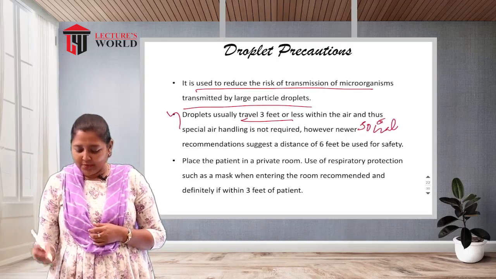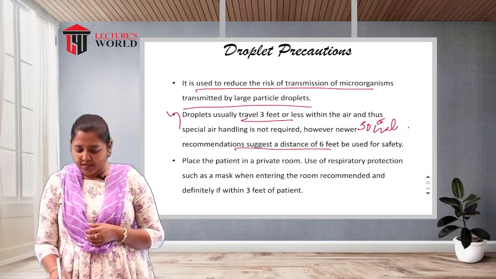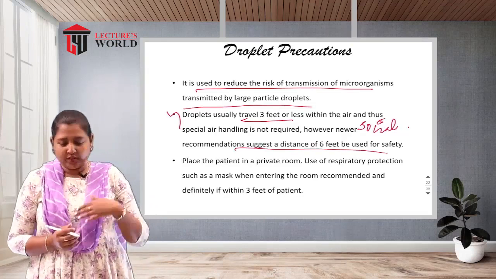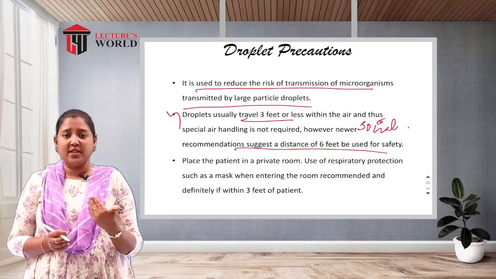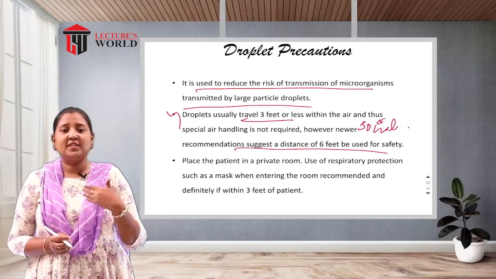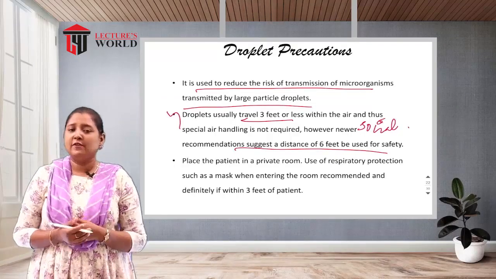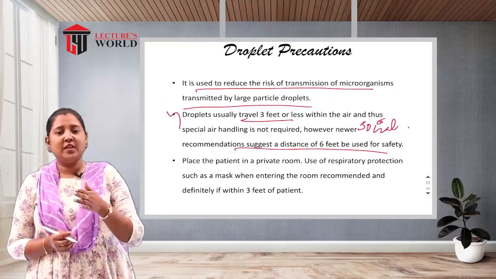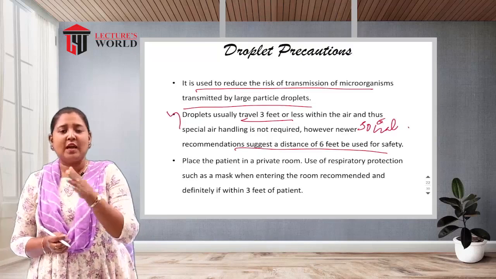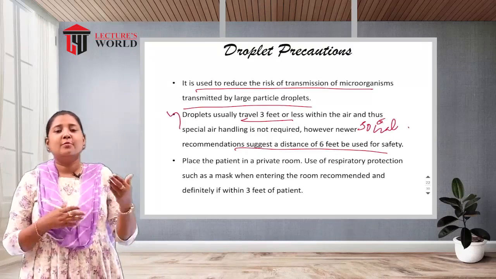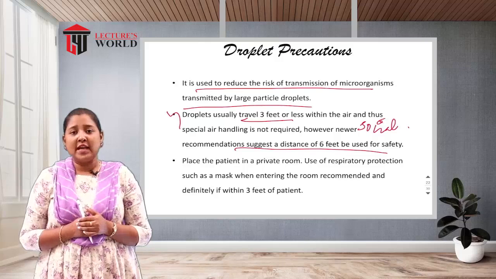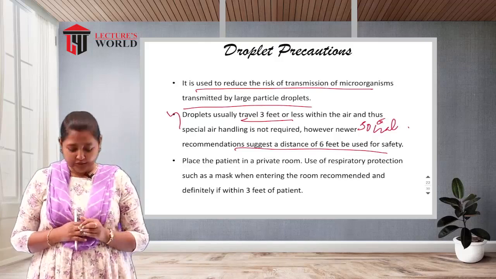You can also keep a distance of about 6 feet. 3 feet or less will cause more infection, whereas more than 6 feet will cause less infection. So you have to maintain more than 3 feet, up to 6 feet, between 2 different patients, so that you are avoiding droplet infections.